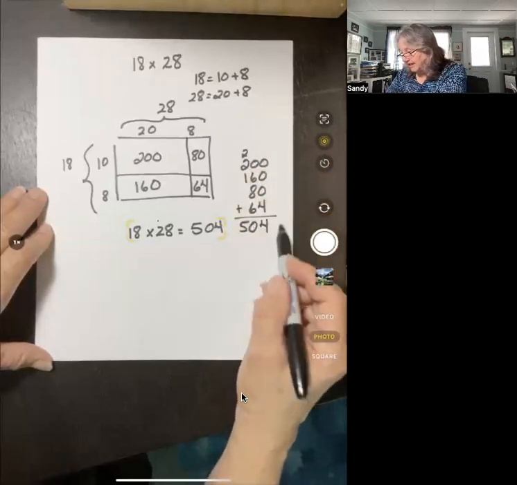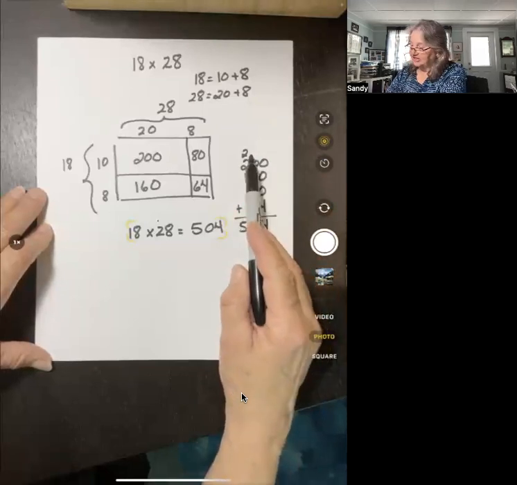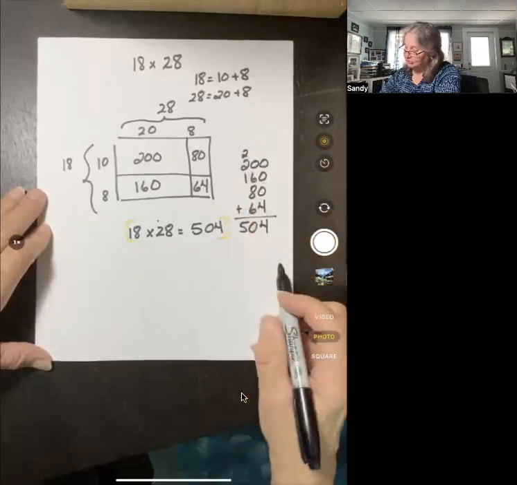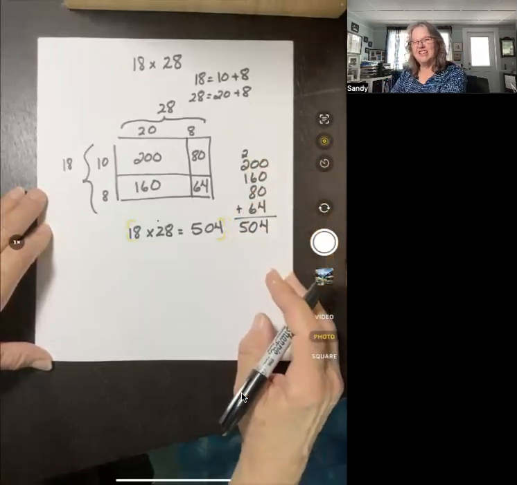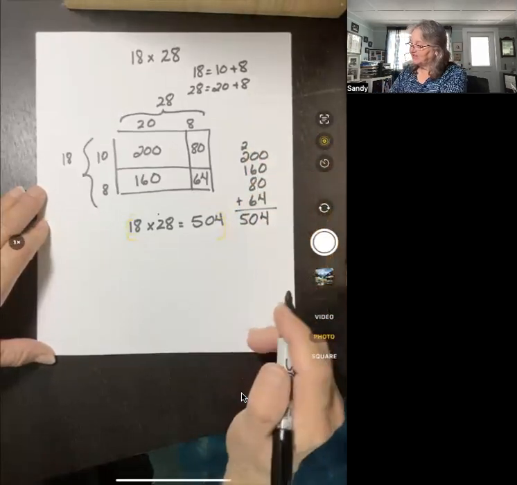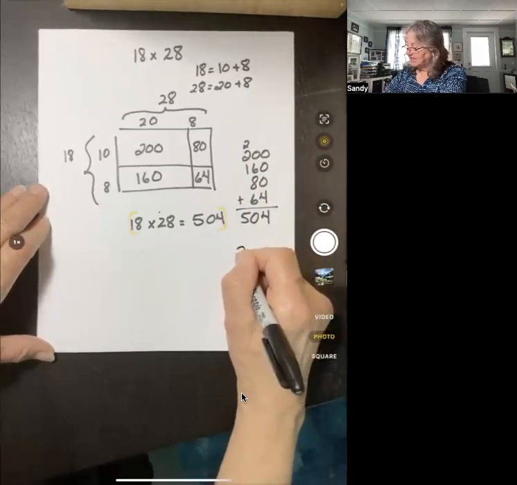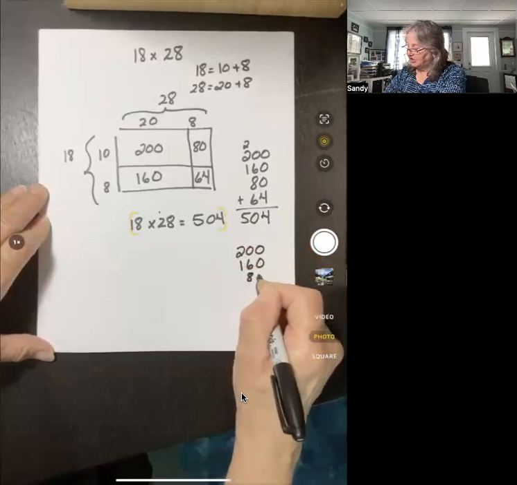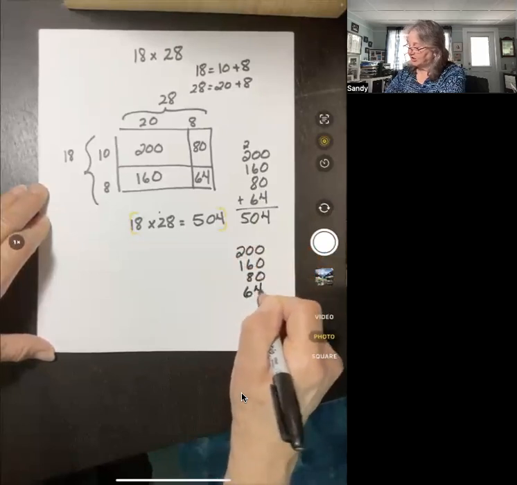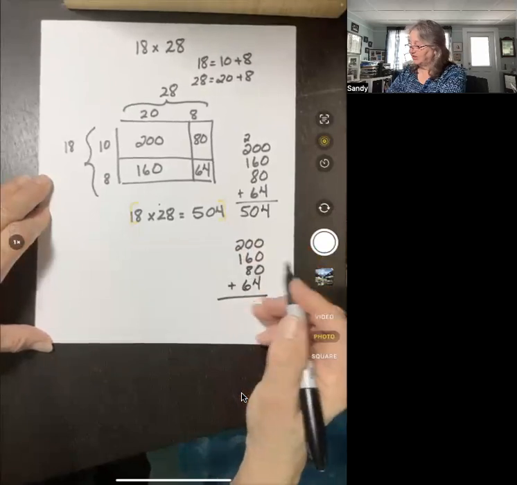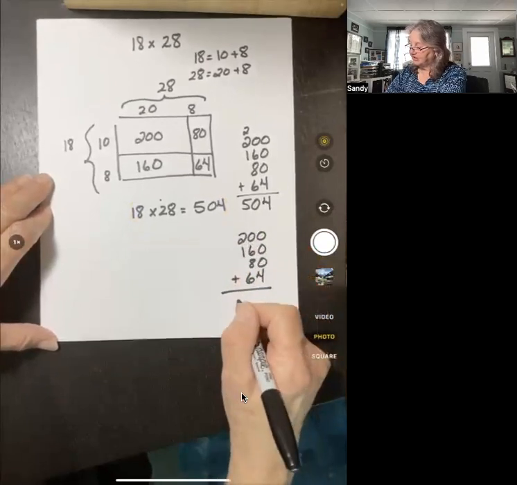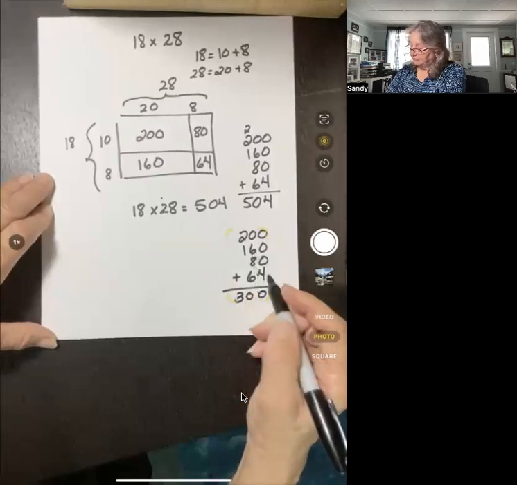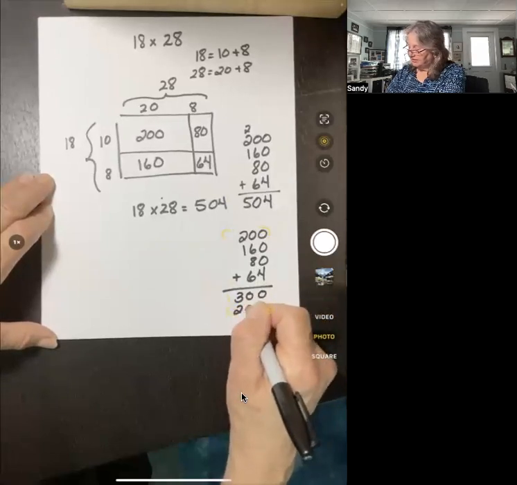I can use different algorithms. I can use a traditional one in grade 4. Earlier, we might use a place value one, where you heard my language, where I'm thinking of it that way. And I could have done partial sums. You may see another way of writing this, which is just as accurate: you may see a child, I'm going to call it partial sums, and I can go either direction. 100 and 200 is 300. 60 and 80 is 140, and 60 is 200.